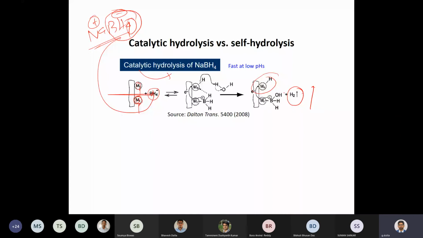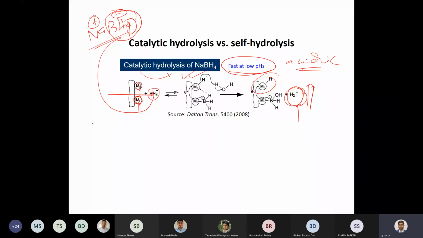One hydrogen atom can bind with the water hydrogen, and a hydrogen molecule can be generated and removed from the solution. And one thing, it can be done at lower pH, meaning the pH should be acidic. At acidic pH, this hydrolysis will be fast for the gold.